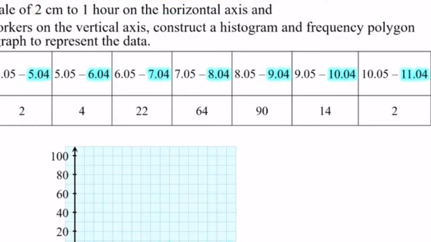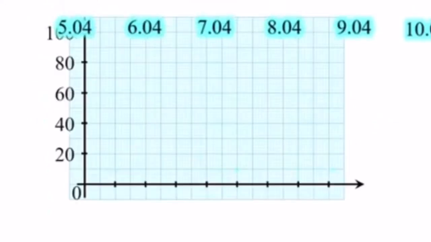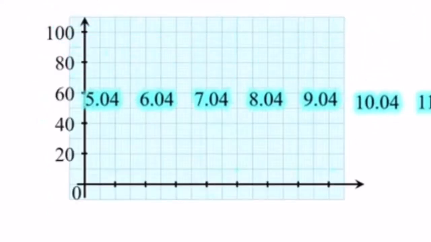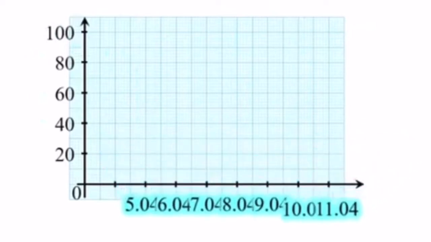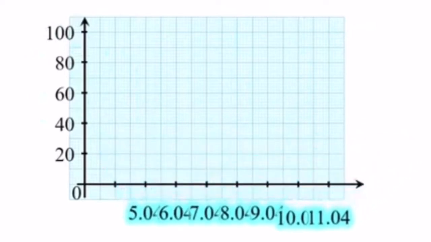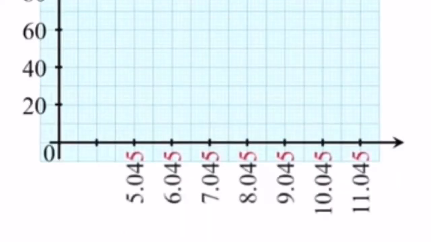So the upper boundary is we copy the upper limit, we copy the 5.04, 6.04, 7.04, 8.04, 9.04, 10.04, and the last one is 11.04. But now I would like to explain to you why there is a red 0.005 being added, because this is the boundary.